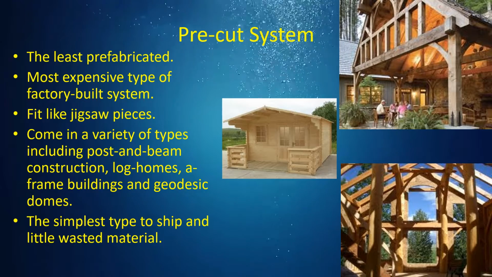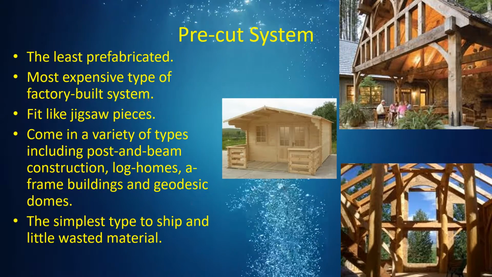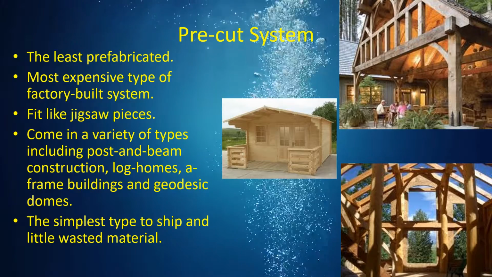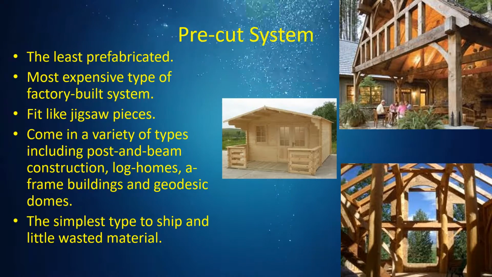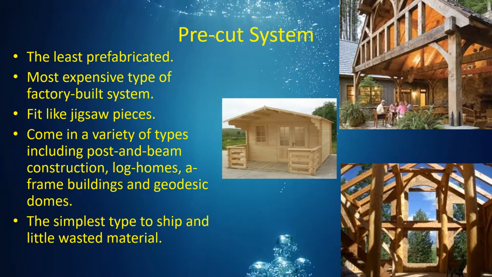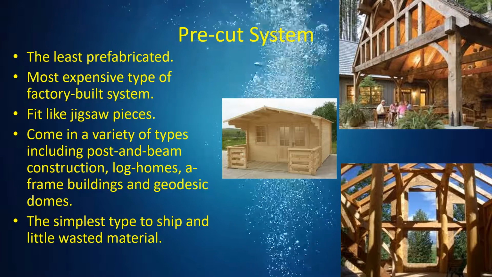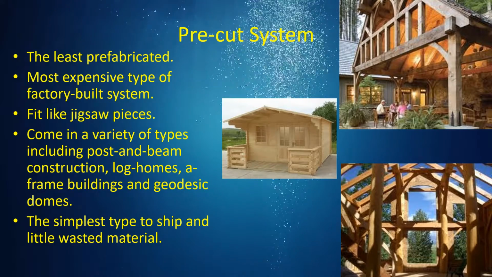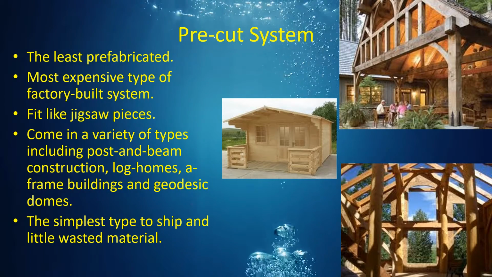They come in a variety of types including post and beam construction, log homes, frame buildings, and geodesic domes. Normally, pre-cut components are bundled in system lots for sale. They are the simplest type to ship and often there is little wasted material.